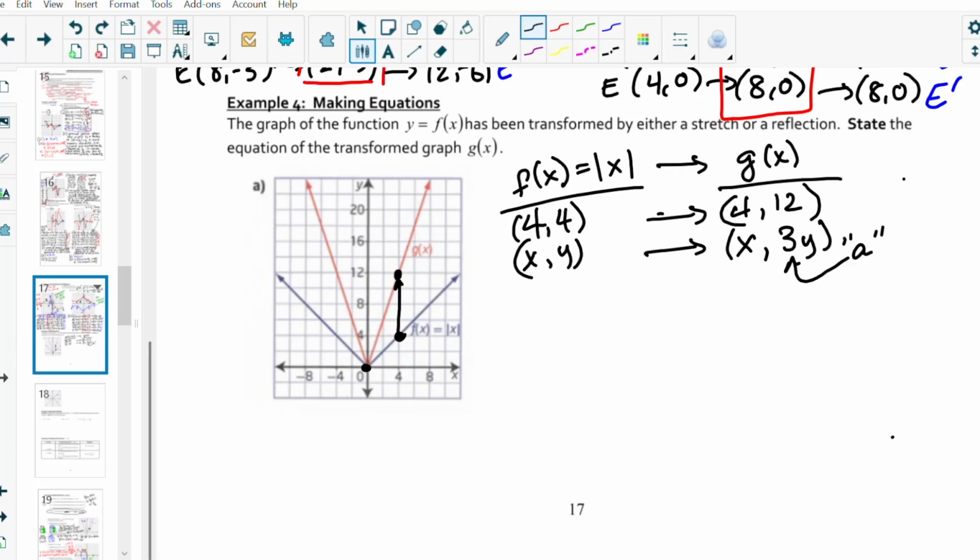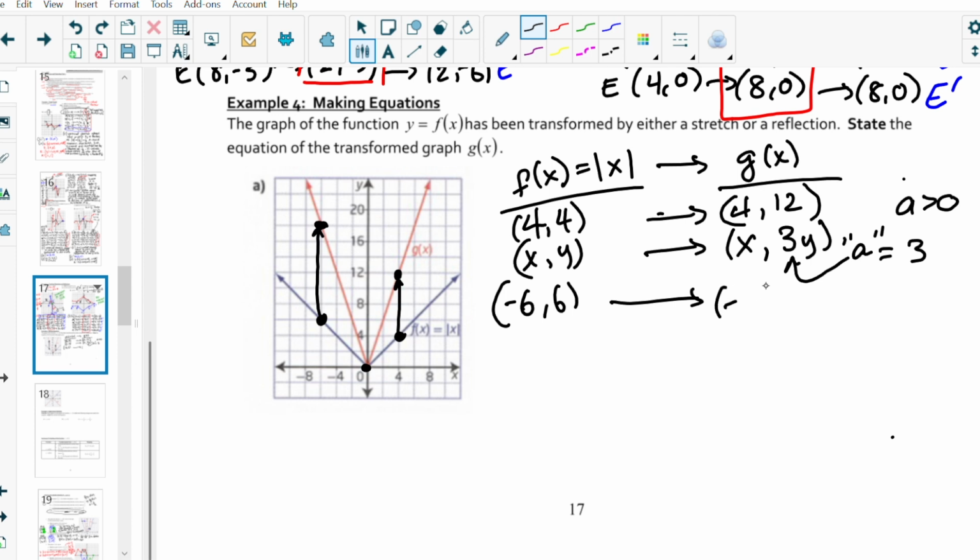I don't see a reflection because the graphs aren't flipped, so I know confidently that a is greater than 0. But now I know that this a value is equal to 3. Okay, let's try a couple more just to be sure. I'm going to go (-6, 6). And then what does that go to on our transformed graph?